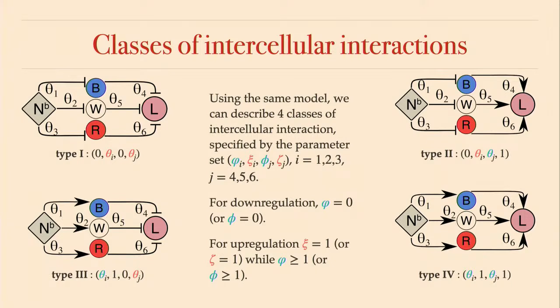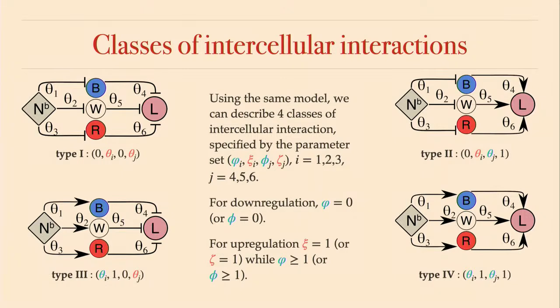So the first case is where the notch intracellular domain is going to inhibit the activity of B, W, and R. It's going to inhibit all of them, and similarly, B, W, and R are going to repress the promotion of the ligand, right?